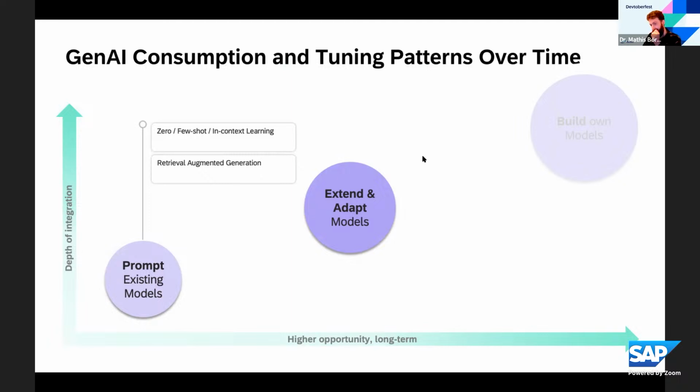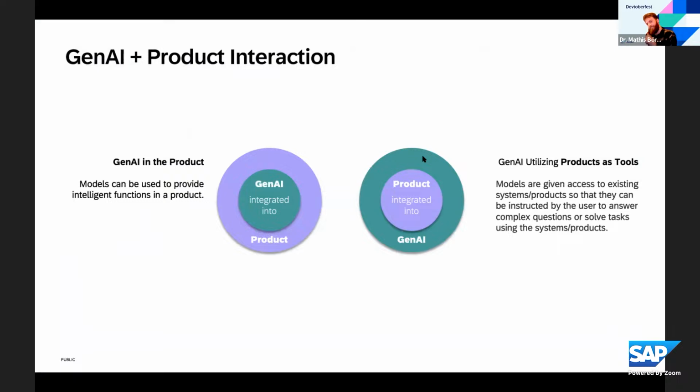But today we want to talk more about the next steps, about extending or adapting models, more specifically about AI agents. From an SAP perspective, one crucial shift if you work with AI agents, and I will show an example in a bit, and then also try to explain some fundamental things about agents, is this: if you prompt models, you often embed them, you bring GenAI to the product, to your system, and integrate it into the product.